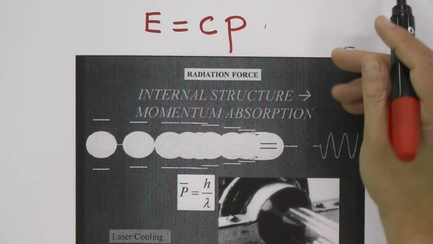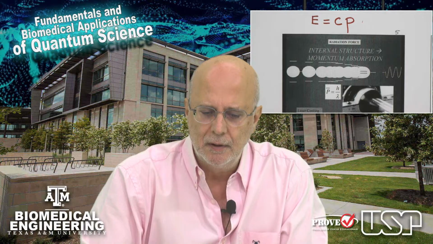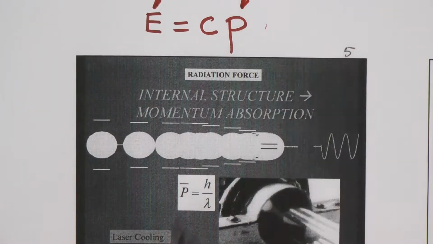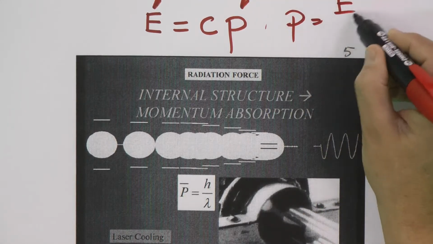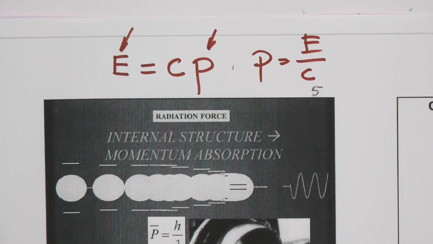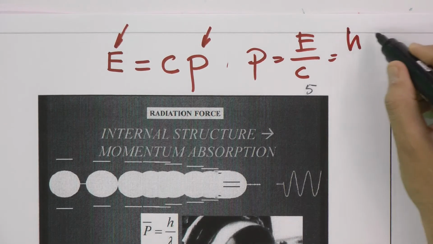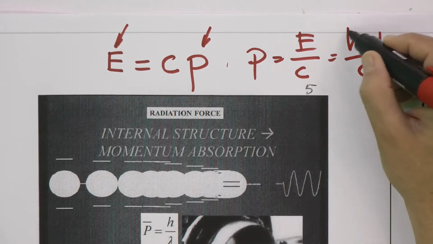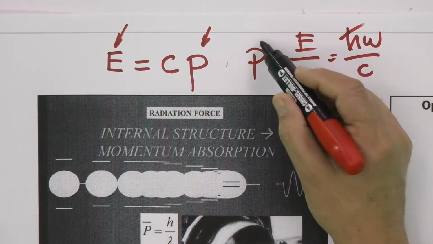And then I have another expression here for the rest mass. But the photon has no rest mass. Because the photon has energy, it also has momentum. The momentum of the photon is the energy it carries divided by the velocity of light. And we told you that the energy is h bar omega, so h bar omega divided by c is the momentum the photon carries.